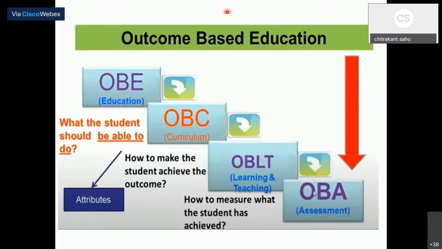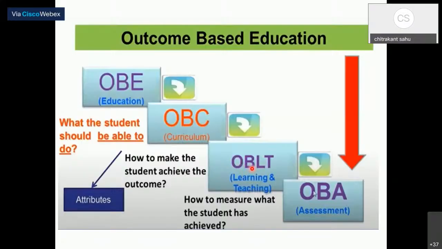So if we go from a top to bottom approach in the outcome-based education system, we have an education that shows what students should be able to do. Then we decide the curriculum, how to make the student achieve the outcome. By curriculum, we make the system to achieve the outcome, and then we have the teaching and learning process, and whether what we decided is measurable or not.